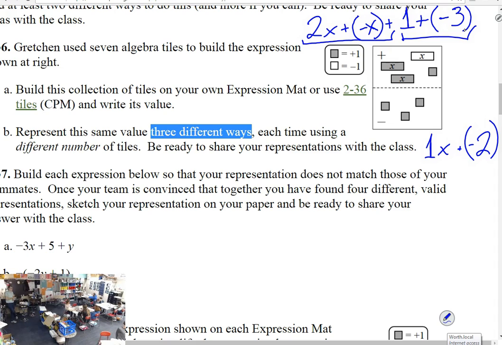Or if I only combine the x's, I could have had 1x plus 1 plus a -3. Yeah, sorry, sometimes I don't lift my pen enough. And I could also, though, what if I throw a 1 up top and I throw a 1 down bottom? Does that change anything?